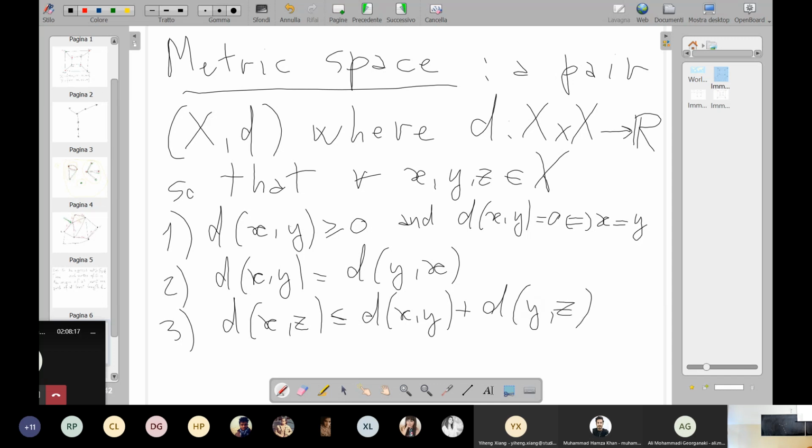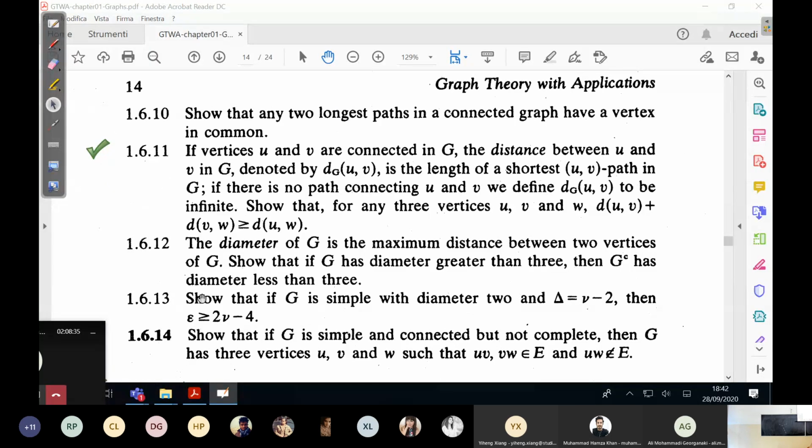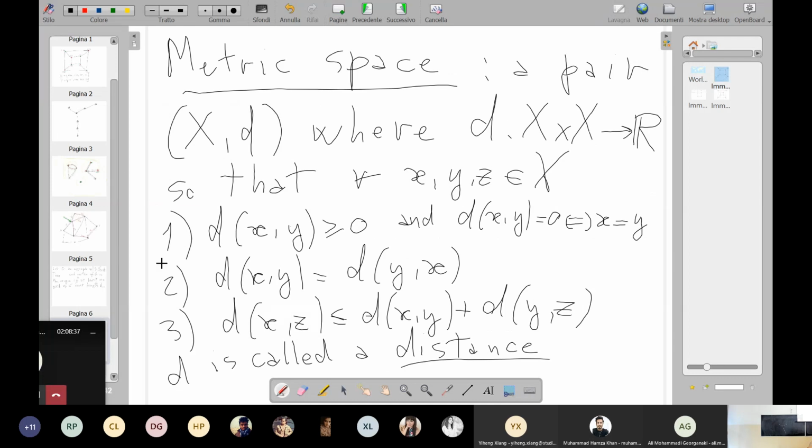And this d is called the distance. Actually, what we need for many things in which we use Euclidean distance just needs these three properties, okay? And they are important. In particular, this one, which is called the triangular inequality, okay?